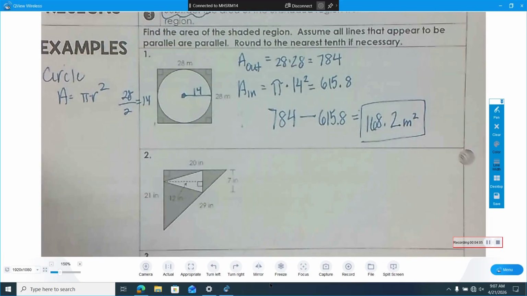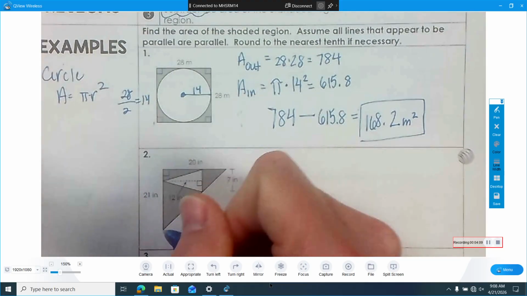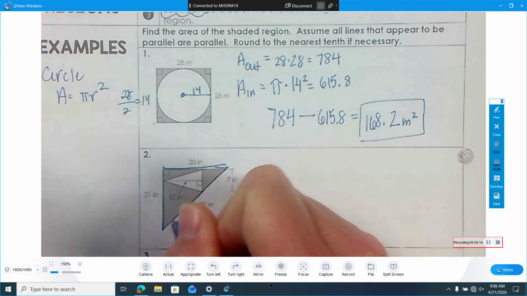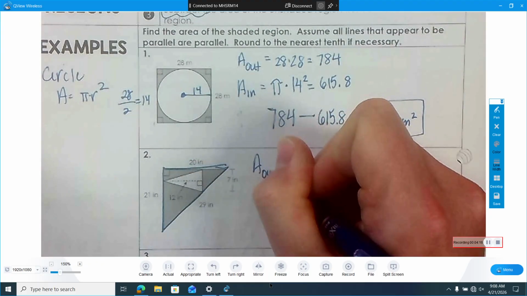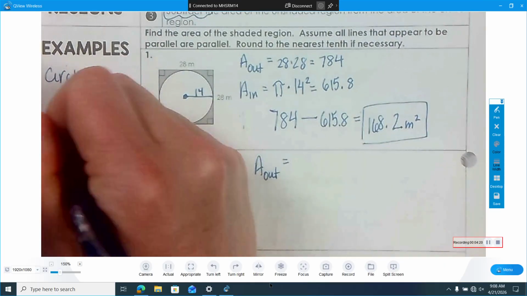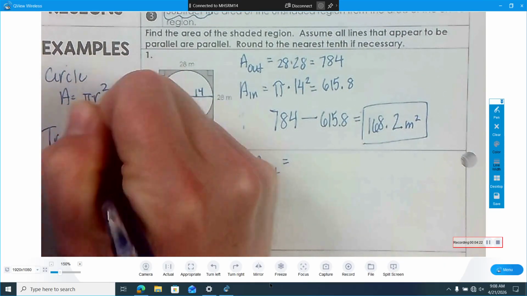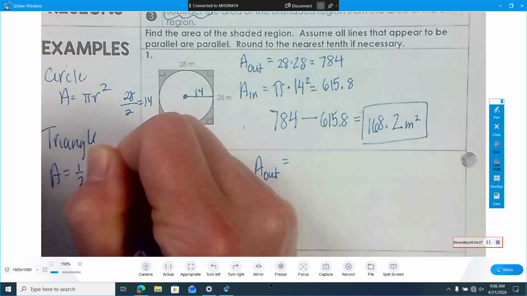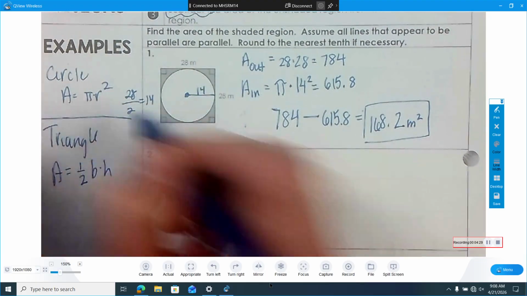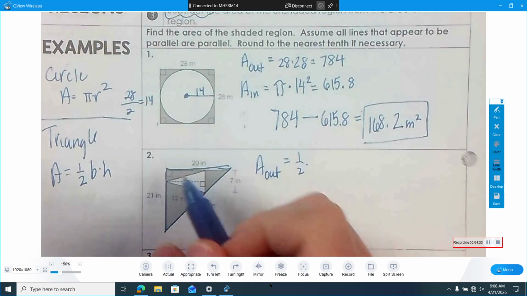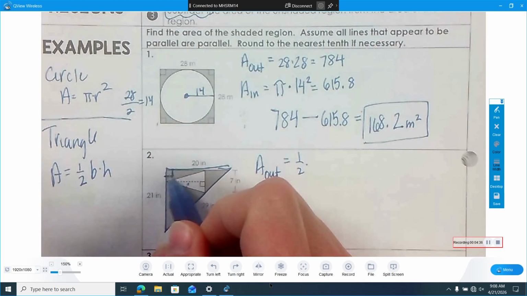All right, let's look at number 2. On number 2, again, the outside area is the shape of what? A triangle. What's the formula for the area of a triangle? 1/2 base times height. So we have 1/2, and then this triangle, here's our right angle right here.